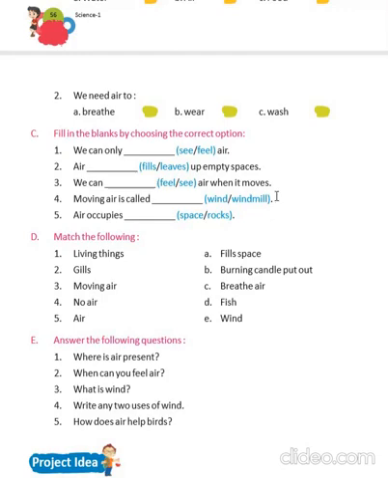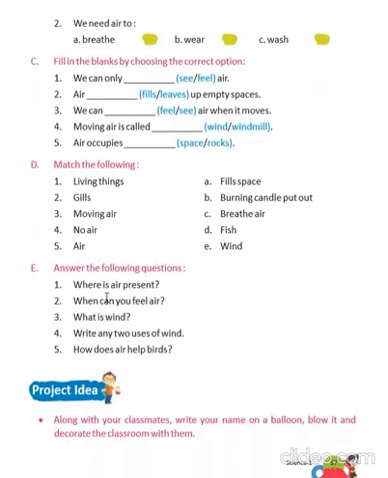Moving air is called wind. Air occupies space. Match the following. Living things breathe air. Gills, fish. Moving air is called wind. No air, burning candle put out. Air fills space.